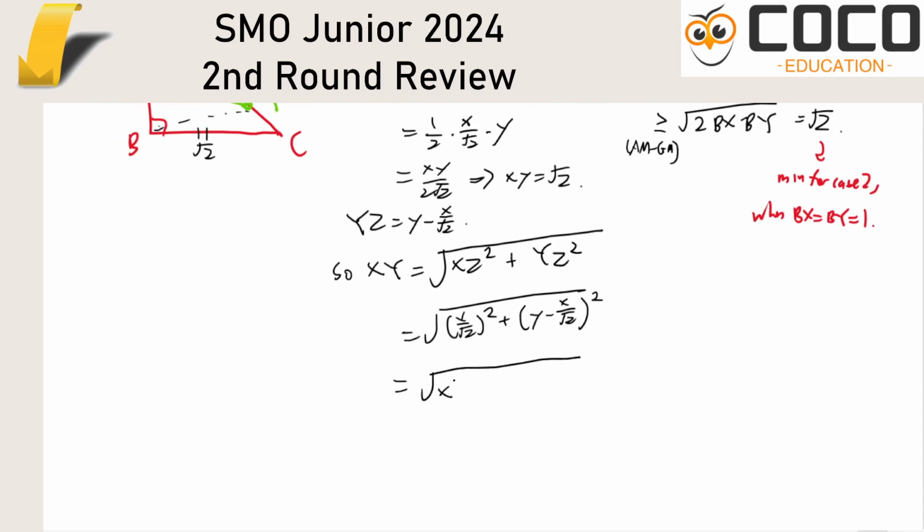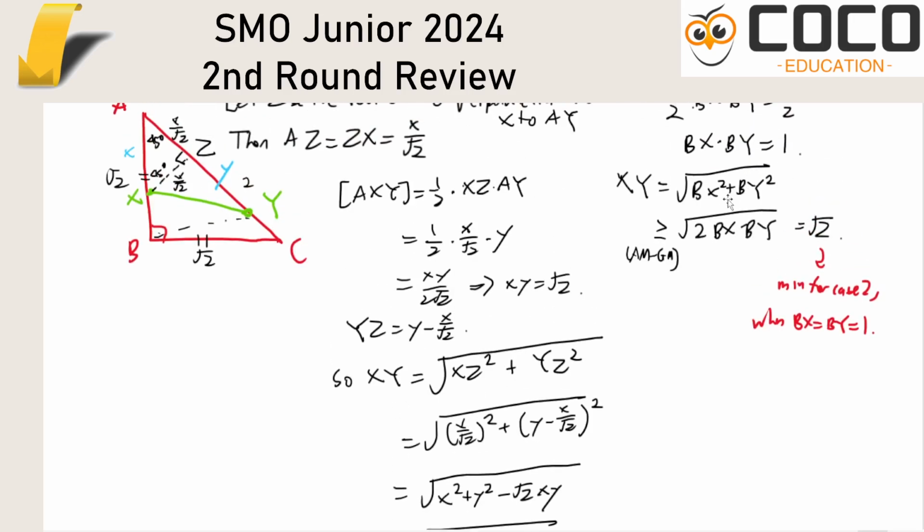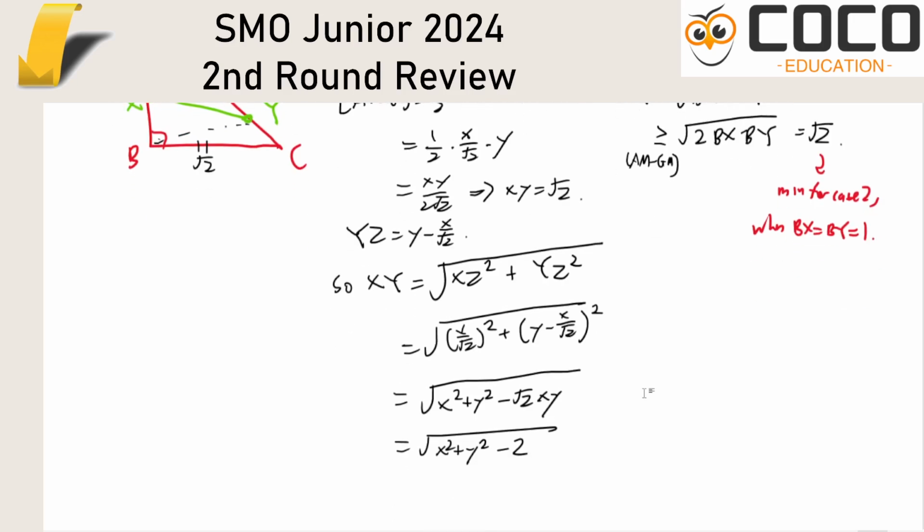You end up with x squared plus y squared minus square root 2 xy, and square root 2 xy is just 2. So fundamentally, this becomes the same task as earlier on, showing the comparison between the sum of squares as well as the product. We use AM-GM one more time.